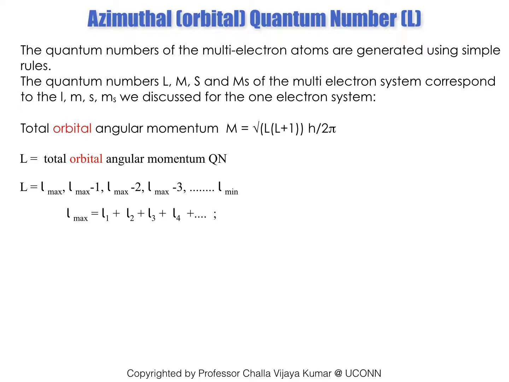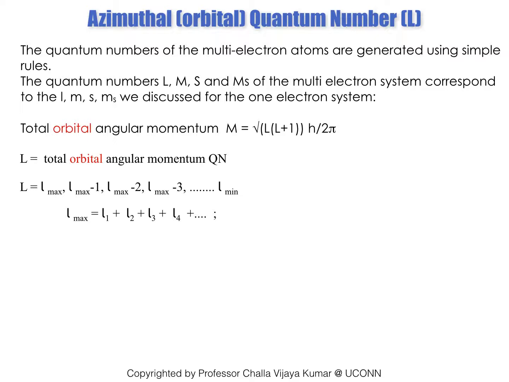So the l values of those are written down: l1, l2, l3, l4 for electron 1, electron 2, electron 3, electron 4. For example, l equals 0 for 1s, l equals 0 for 2s, l equals 1 for 2p, and so on. So if the electron happens to be in 2p, then the value of l is 1 for that.